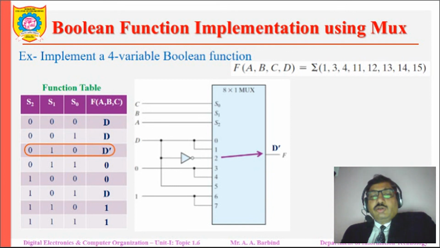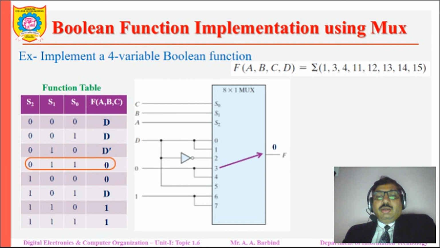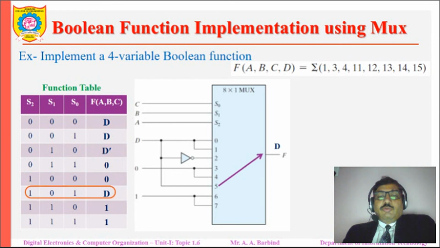In a similar fashion, when the input is 0, 1, 0, output will be D bar. When input is 0, 1, 1, the output will be 0. For the next input, which is 1, 0, 0, the output will be again 0. For 1, 0, 1, the output will be D. For 1, 1, 0, the sixth input will be selected and the output will be 1.